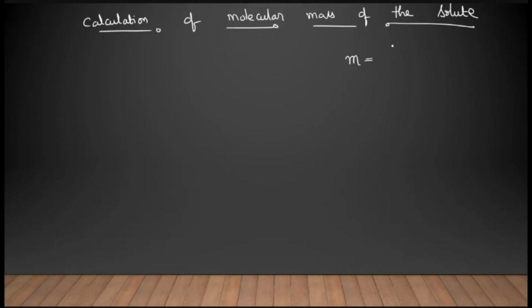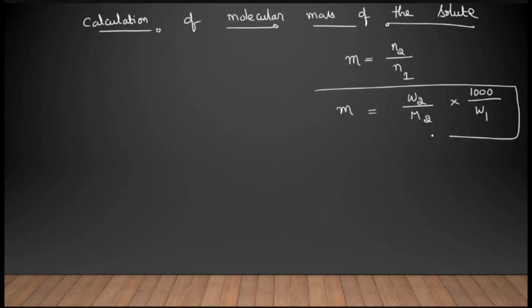Number of moles of the solute is n2, solvent is n1, right? n2 is W2 divided by M2, and n1 is W1 divided by 1000.